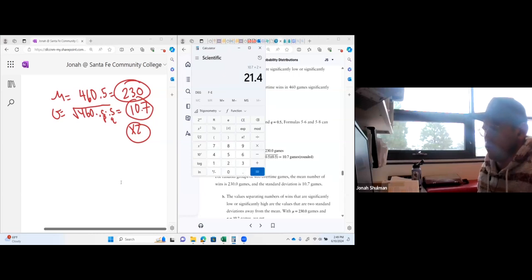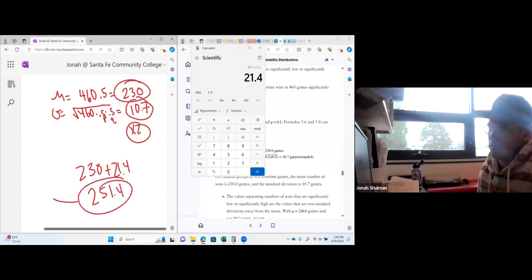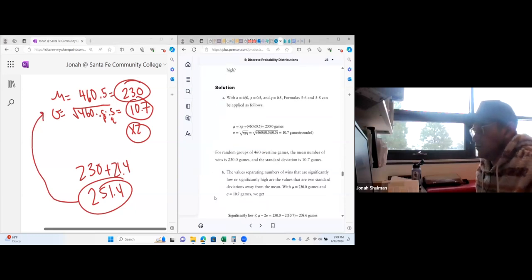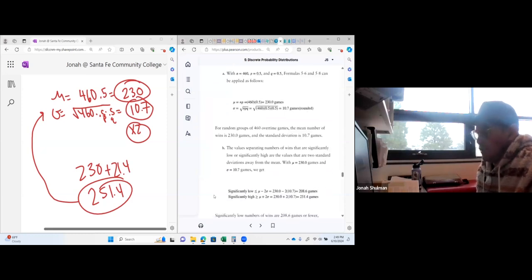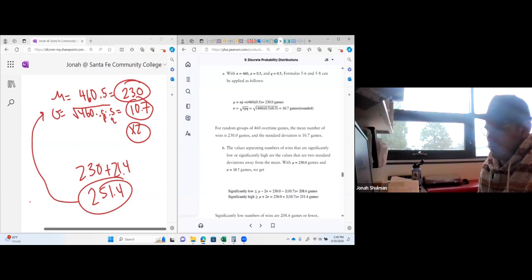is 21.4. Now, if I have 230 and I add 21.4 to it, I get 251.4. That's basically our value. So we know significantly high is 251 and significantly low is the other way around, which is 208.6.